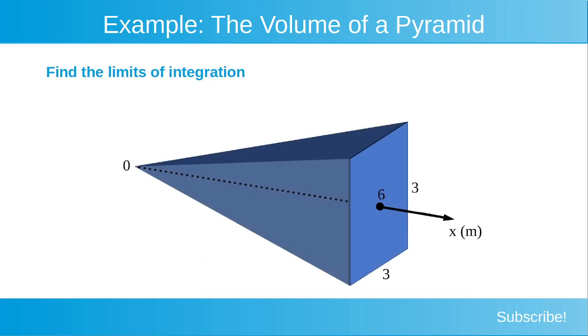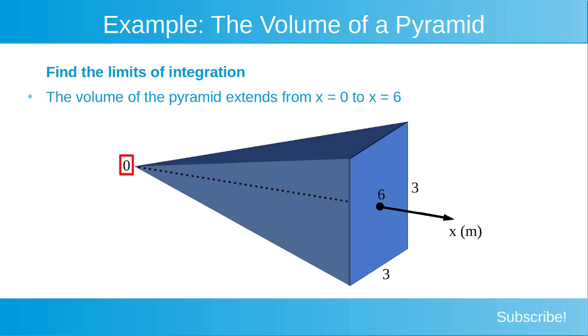Our next step is we want to find the limits of integration. Now, our limits of integration will be equal to the furthest extents of our object along the x-axis. Now, the volume of the pyramid extends from x equal to 0 to x equal to 6.